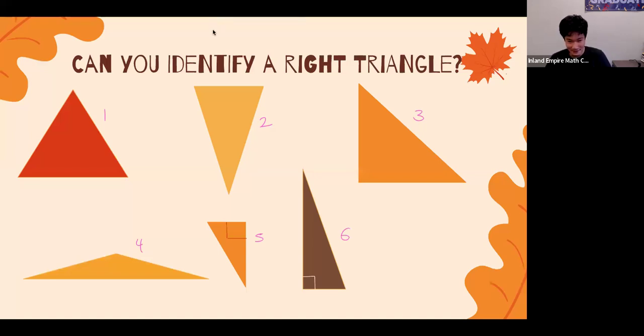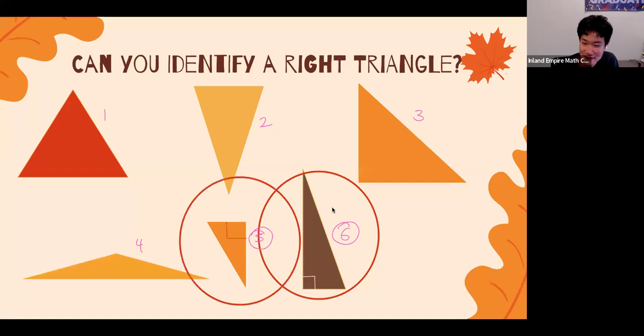Zach says 3. Does anyone have any other ones? 5. Okay, so it looks like 3, 5, 6. In this situation, the right triangles in these pictures are actually only 5 and 6, and there's a very specific reason why. Tracy, you want to explain that?